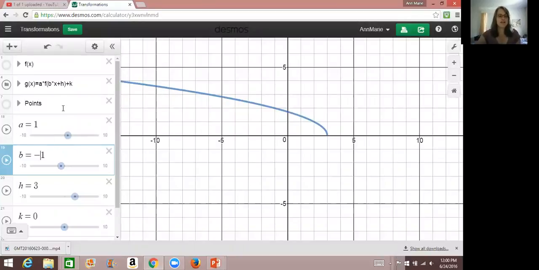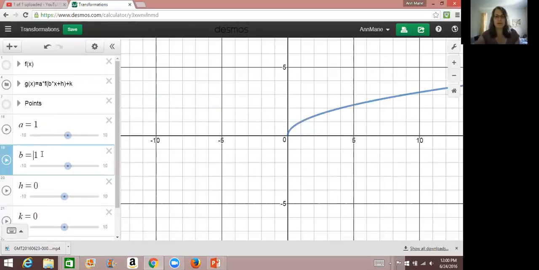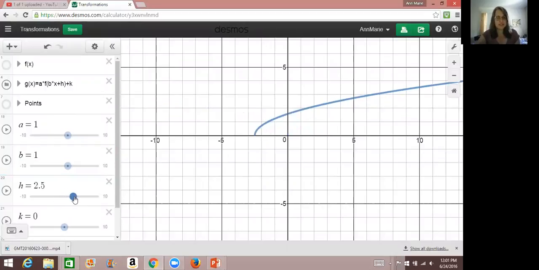So this reflection reverses the direction of my horizontal shift. Without that negative one, if I do an internal addition of 3, my function shifts to the left.